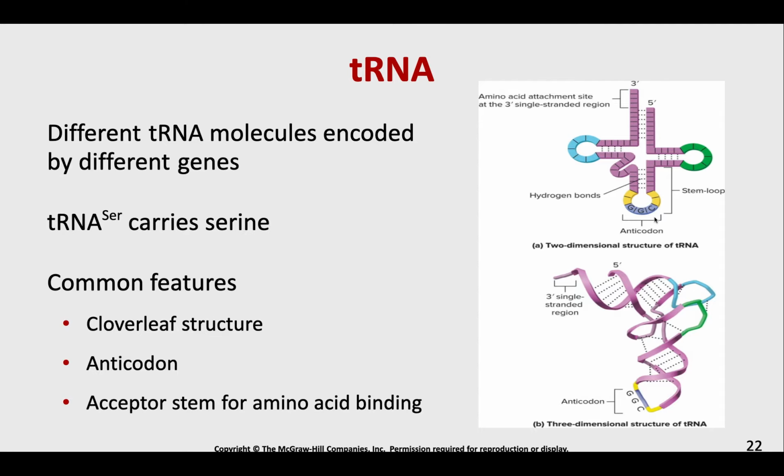Notice that we can have U in our anticodon, so we know it's RNA. And then we have this part up at the top, the acceptor stem for the amino acid binding. It's at the 3' end. This is the part of the tRNA that's going to bind to an amino acid so that it can bring it to the ribosome and create a protein.